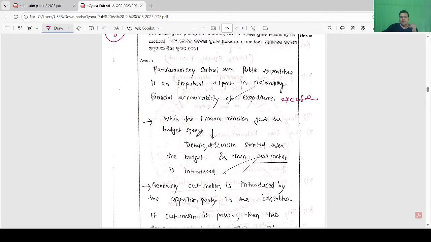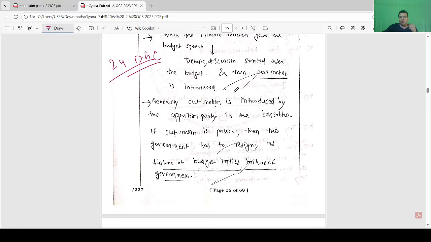When the finance minister gives the budget speech, debate and discussion take place. After that, the 24 departmental standing committees study the budget, and after that the cut motions are moved by the opposition party in the Lok Sabha.